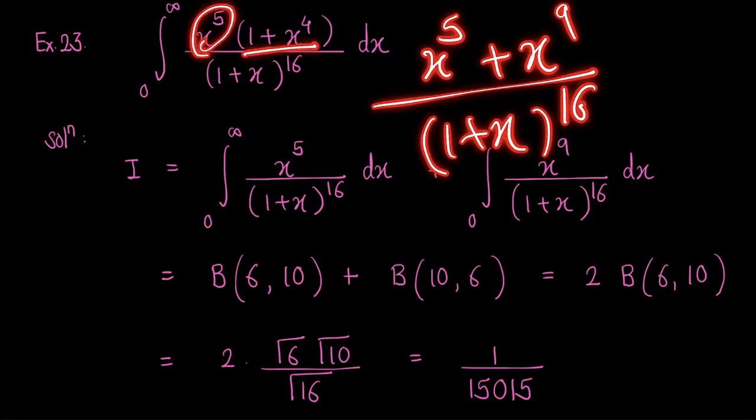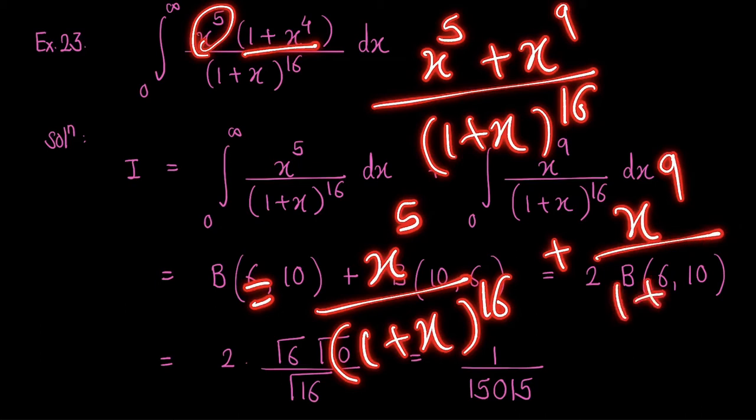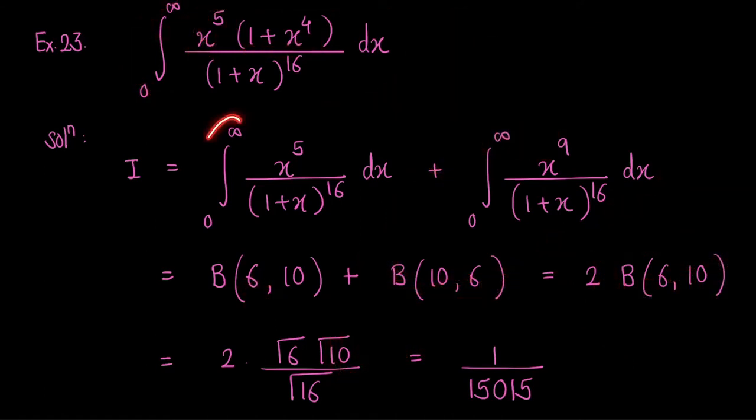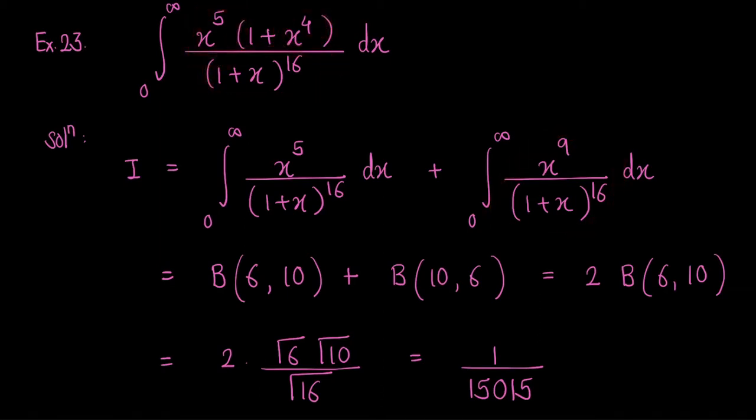We have simply multiplied x raised to 5 inside, and again we can split the numerator as x raised to 5 upon 1 plus x raised to 16 plus x raised to 9 upon 1 plus x raised to 16. Therefore the value of this integral will be integration 0 to infinity x raised to 5 upon 1 plus x raised to 16 plus integration 0 to infinity x raised to 9 upon 1 plus x raised to 16 dx.